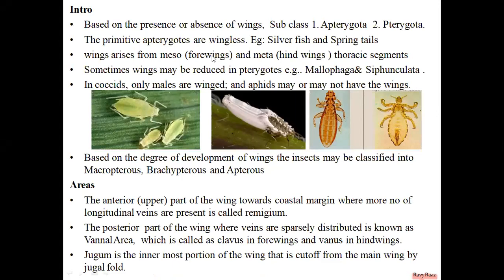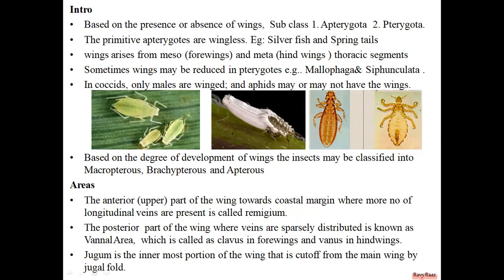Based on the presence or absence of wings, the subclasses of insects are divided into two types. First class is Apterygota and second is Pterygota.